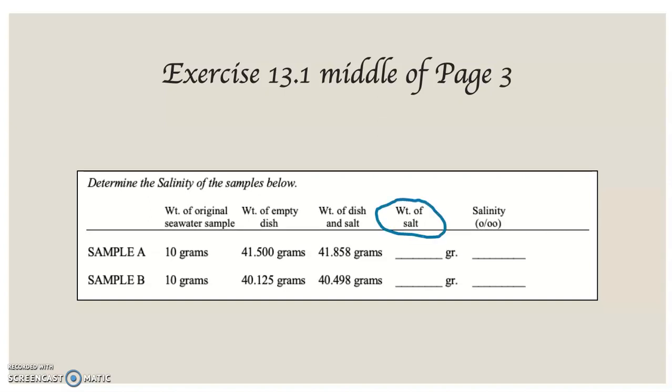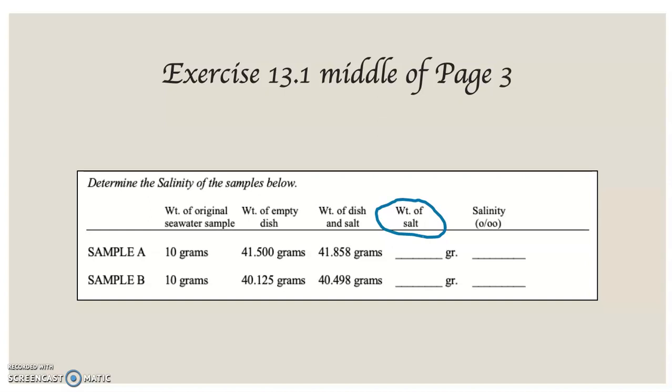Here we go. We want to solve for the weight of the salt. The way this is going to happen is you're going to take the larger number and subtract the smaller number. Now, if that was sample A, you'd be taking 41.858 grams and subtract 41.5 grams. Because what happened was you had a dish that weighed 41.5 grams. It was empty.